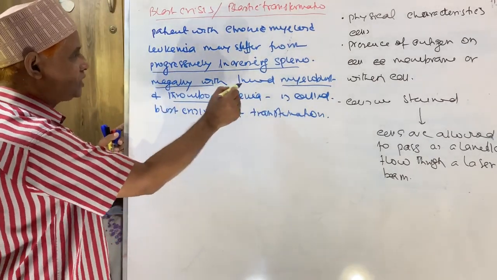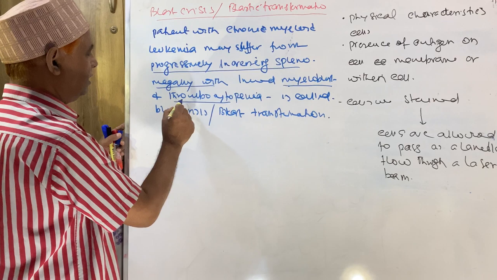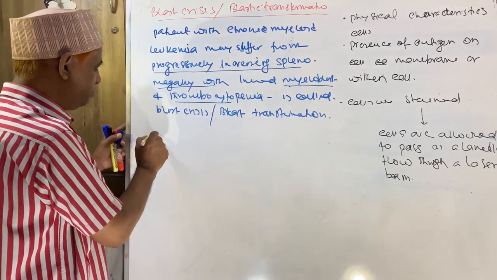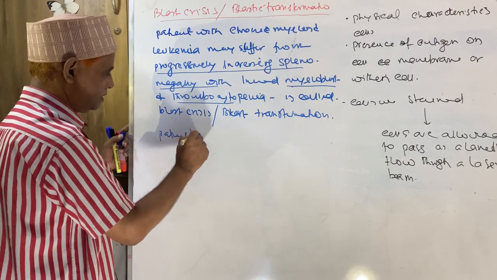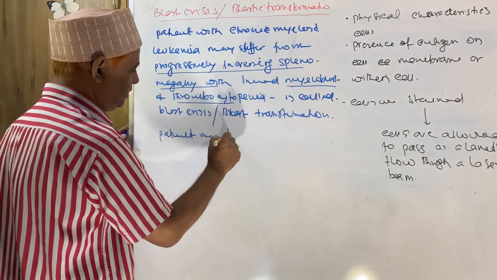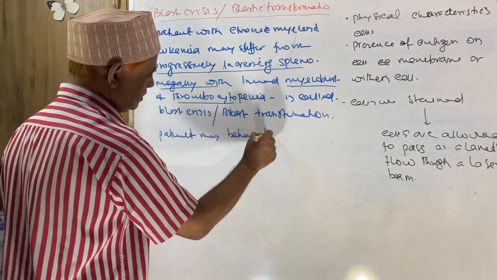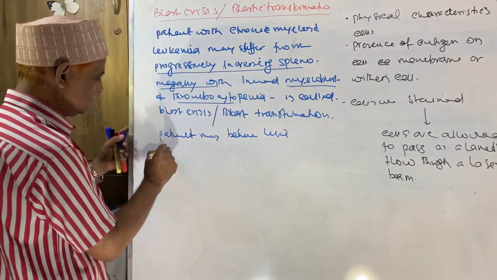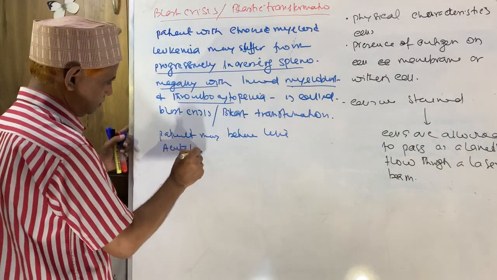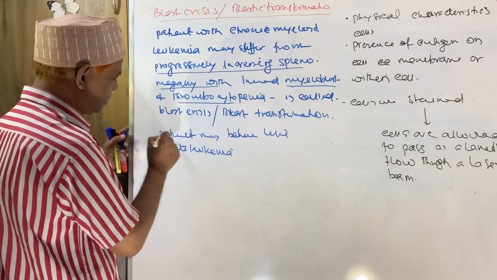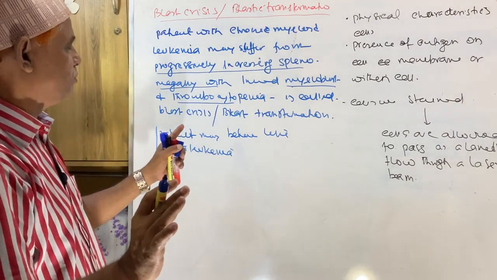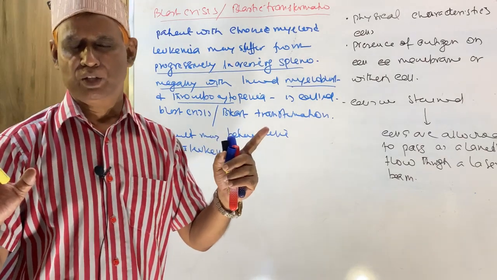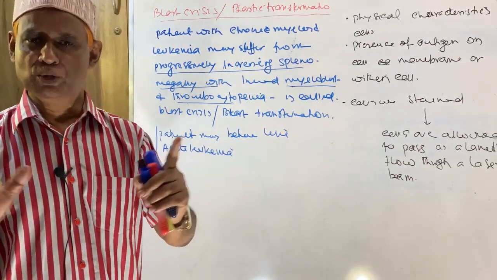With increased myeloblast and thrombocytopenia, the patient may behave like acute leukemia. In chronic myeloid leukemia, there is no increased number of myeloblast, most of the cells are myelocyte and metamyelocyte, and there is no thrombocytopenia.